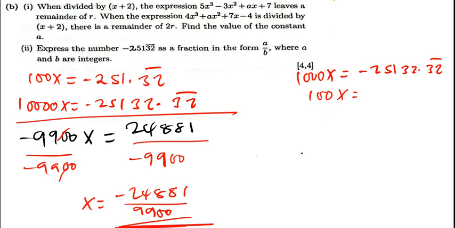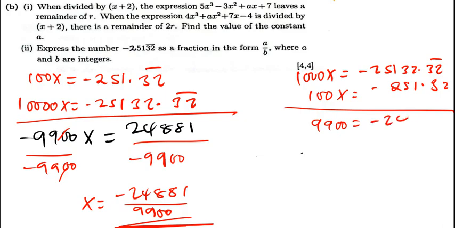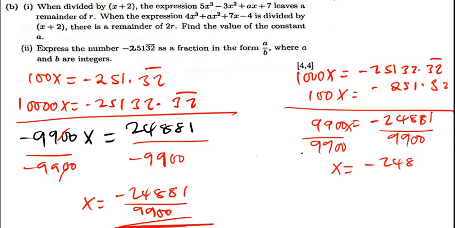Then you do minus, you still end up having 9,900, then you have negative 24,881. So here there is x, you divide both sides by that, x being equal to still the same. So you choose which method to go with, but you end up having the same thing actually. So that is it for part B1 and B2.